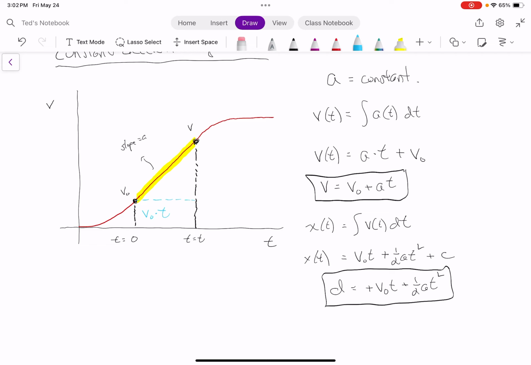And then the triangle has an area of 1/2 base times height. So the area of this is equal to 1/2 the base, which is t, times the height, which is equal to v minus v0.